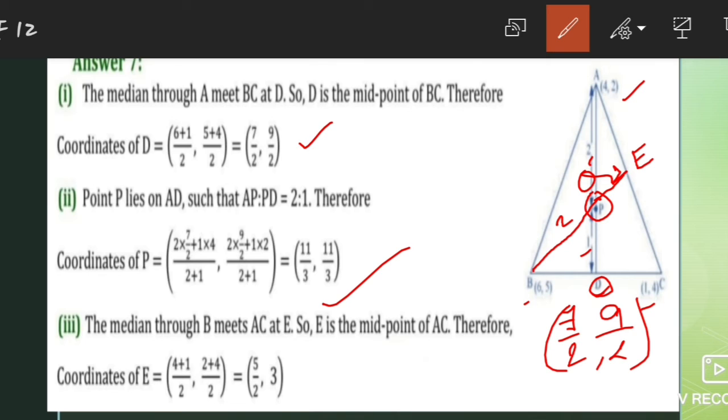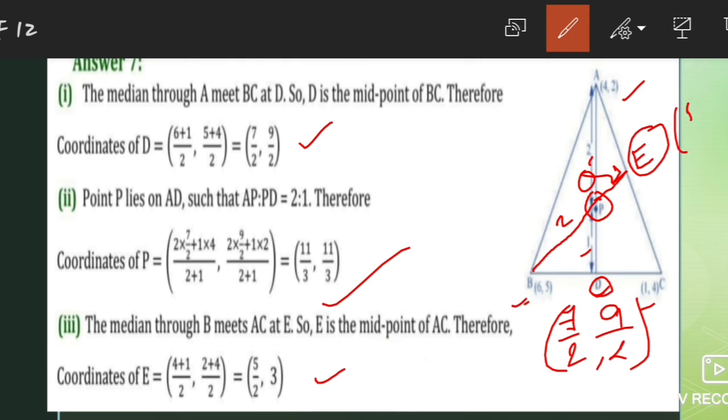Now again, BE is a median, so you can find the coordinate of E by the midpoint section formula. The coordinate of E will be 5/2, 3. Now you got point E. The coordinate of B is also given.